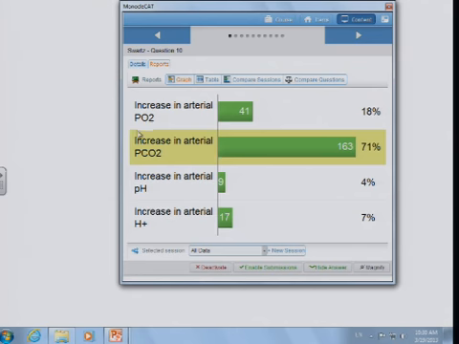Therefore, this is our best answer, okay? So remember, on the exam, pick the best answer. Any questions concerning this regulation? All right. Make sure some of you look at that a little more closely.